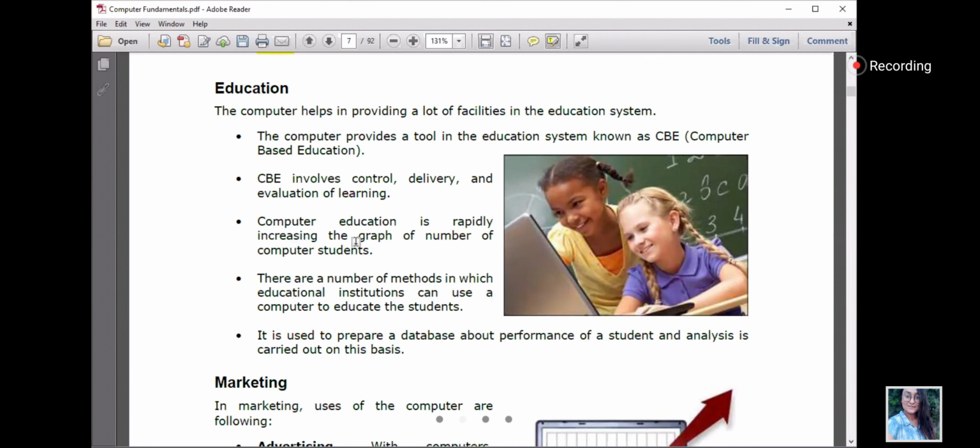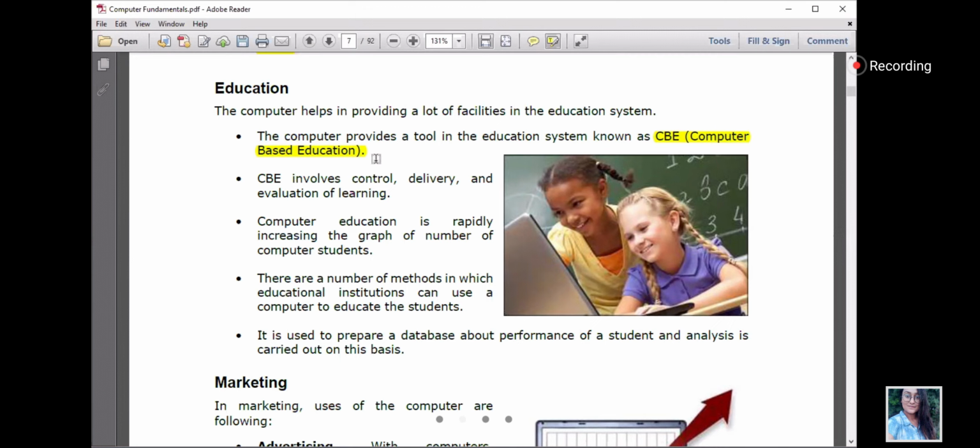Now next thing, education. In education, the computer is definitely playing a great role, because even for today's class, all the functionalities of the computer are being used to take this class. One thing here is CBE, or computer based education.